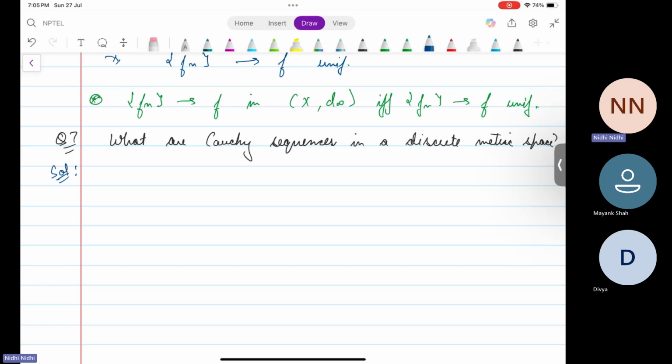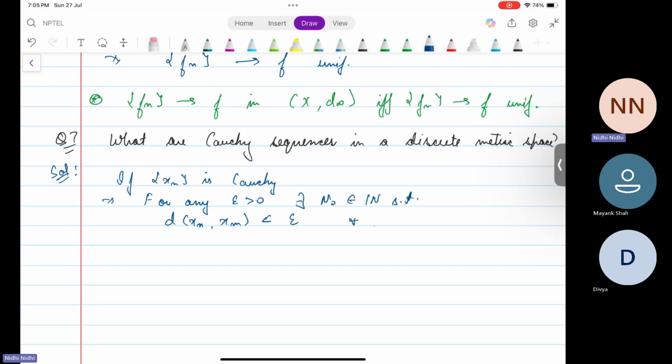Again, if xn is Cauchy, then for any epsilon positive, there exists a stage n naught such that d(xn, xm) is strictly less than epsilon for all n, m greater than or equal to n naught.